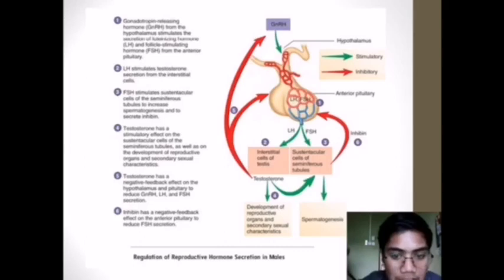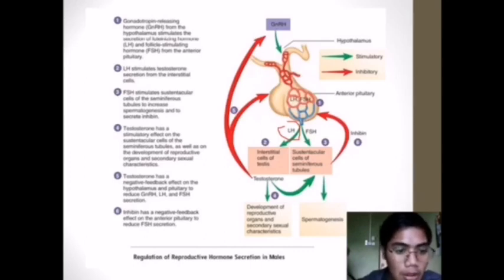LH stimulates the testosterone secretion from the interstitial cells or Leydig cells. FSH stimulates the sustentacular cells of the seminiferous tubule to increase spermatogenesis and to secrete inhibin.